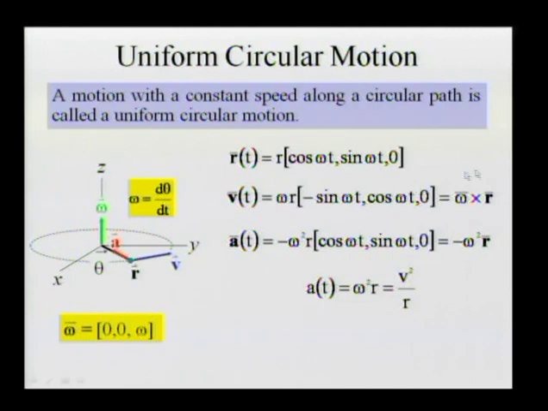So sine of 90 degrees is 1. So speed is equal to angular velocity multiplied by the radius of the circle. So I can write down that acceleration is proportional to the square of the speed and inversely proportional to the radius. So from that I can conclude that the magnitude of the net force which is exerted on an object moving in a circle must be related to angular velocity and to speed.